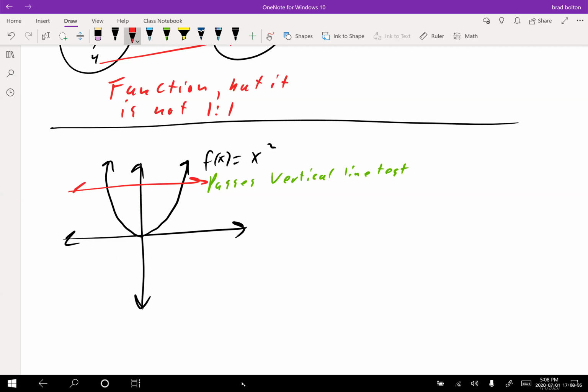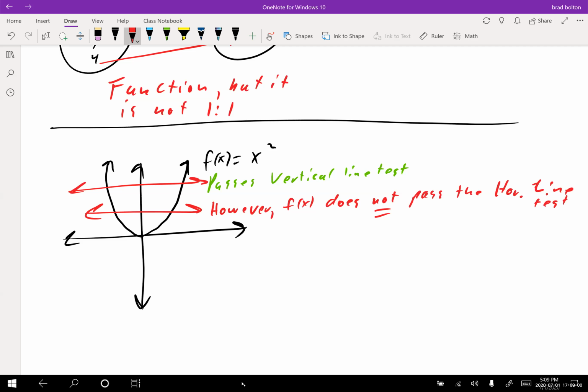However, f of x does not pass the horizontal line test, okay?